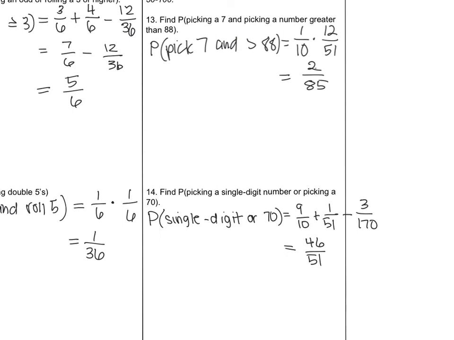So there's actually a pretty good probability that if I pick one number from each event, I'm going to get either a single digit or a 70, which makes sense that probability is going to be pretty high since so many of our values from event A are single digits, because 9 out of 10 of them are.